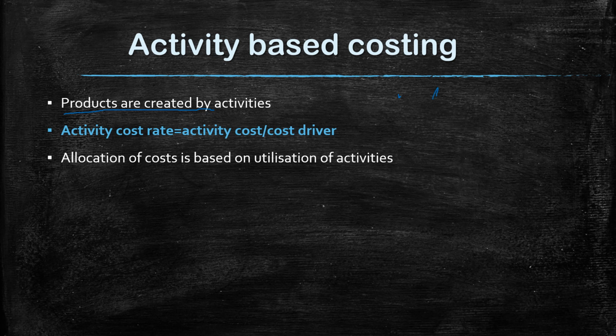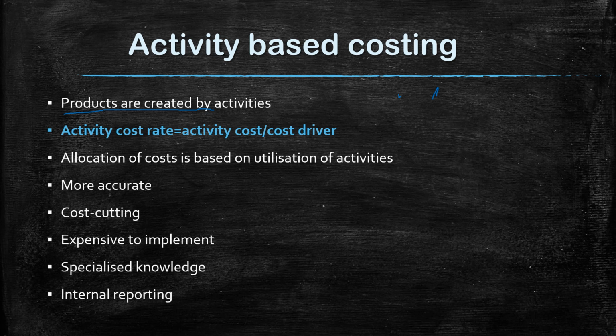This is because the optimal environment for ABC is when you have a diverse product range. So we assume that every product cost is driven by activity, such as number of setups, machine hours, maintenance hours, and we try to quantify those activities, those costs per activity.